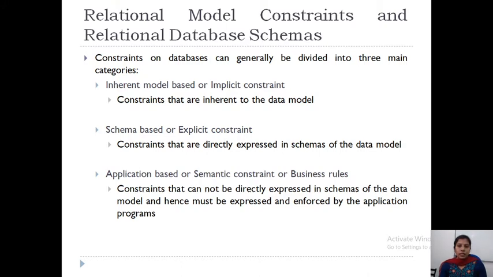These are called application based or semantic constraints. They cannot be directly expressed in the schema, that means you cannot put those constraints along with the DDL commands. They can be put in the application program.